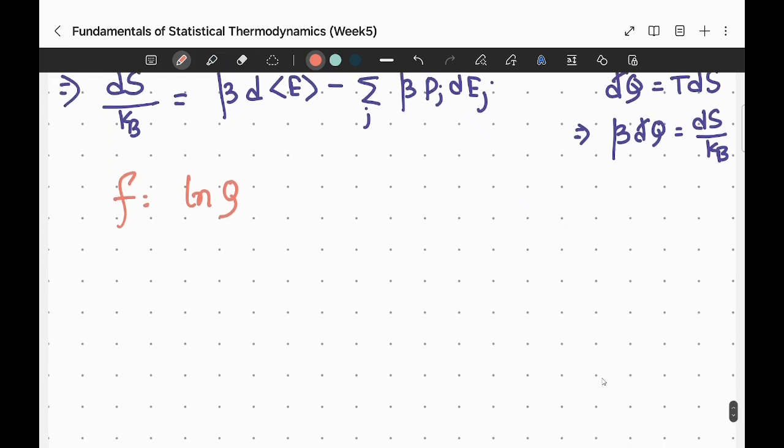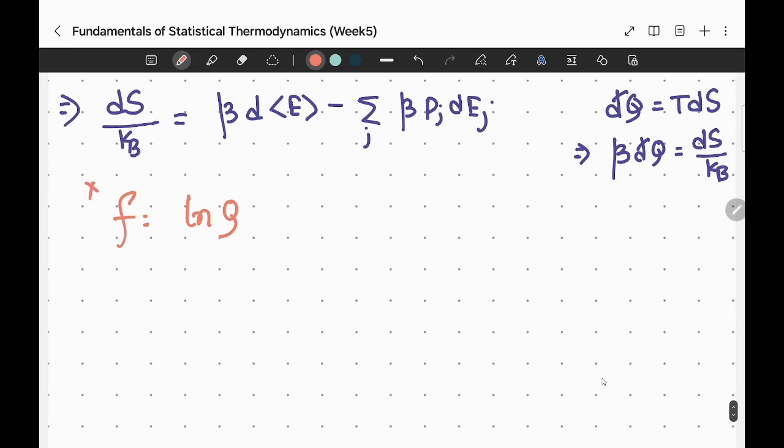Q is the partition function, and I am defining f as just another function, which is ln Q, obviously ln of the sum of e to the power minus beta ε_j. Nothing special is there. I have just defined it.